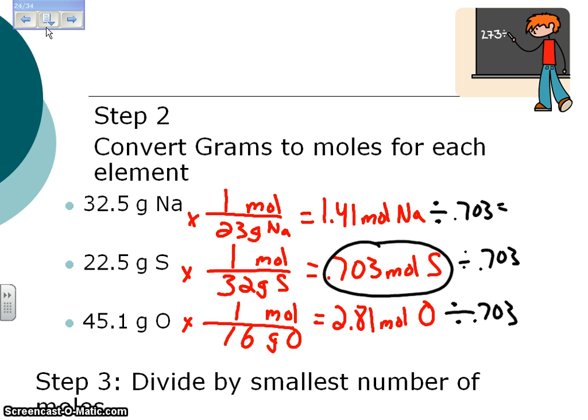And we calculate a value for each. In this case, it's the whole number that is given to us. We now take these whole numbers, 2, 1, and 4, and that's going to give us our empirical formula.